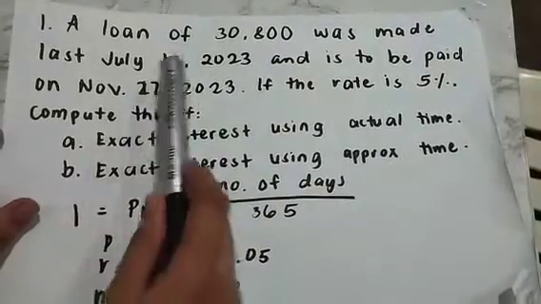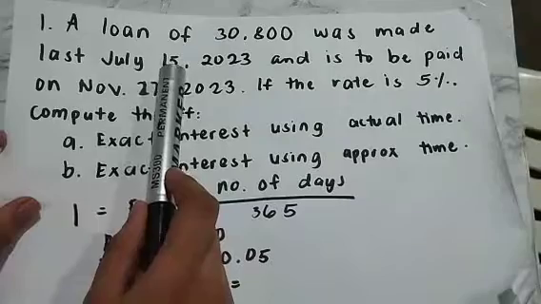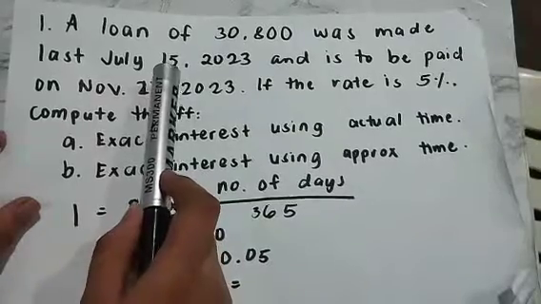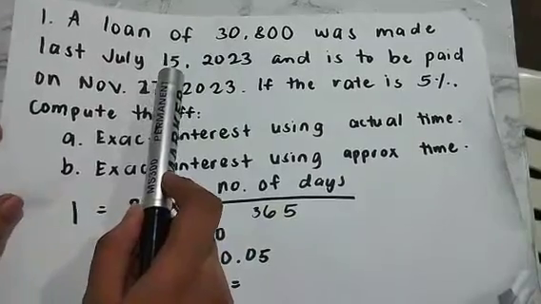Well, sa una naman, kapag nakuha na natin yung days sa month na yon, ay isa-subtract natin siya sa certain day kung kailan ininvest or inutang yung pera or yung principal. So, dito sa given natin, 15th of July.